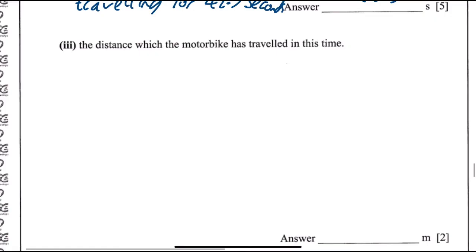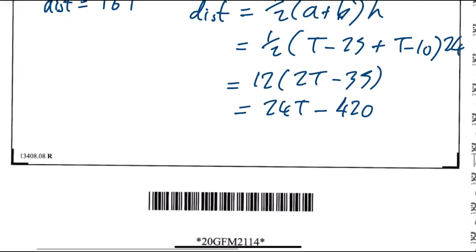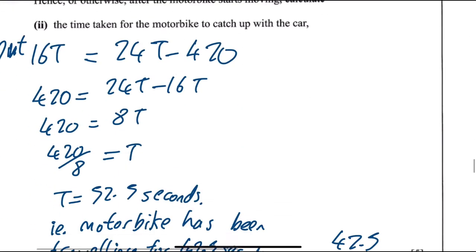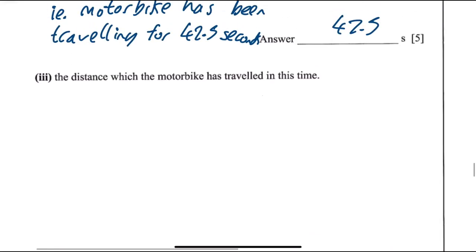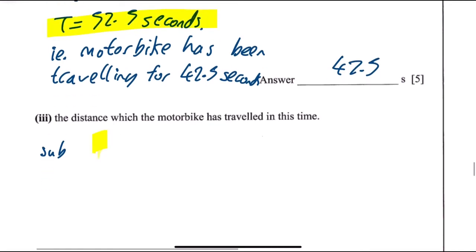Last thing says the distance which the motorbike has travelled in this time. So the formula that the motorbike was using for distance was this one, remember? For the motorbike, distance was equal to 24t minus 420. So we're just going to substitute in the time t, which was this time here, very importantly, t equals 52.5.